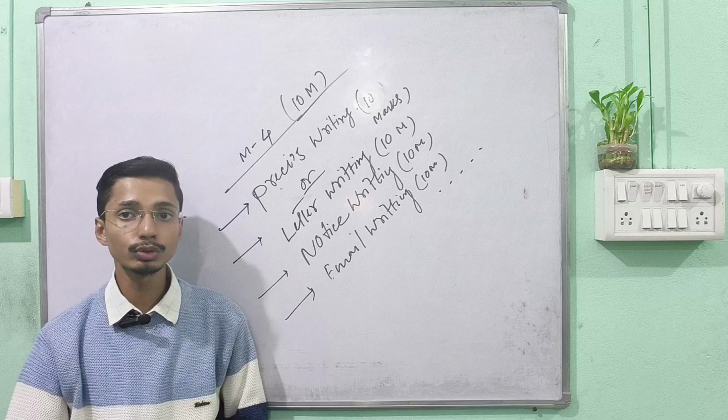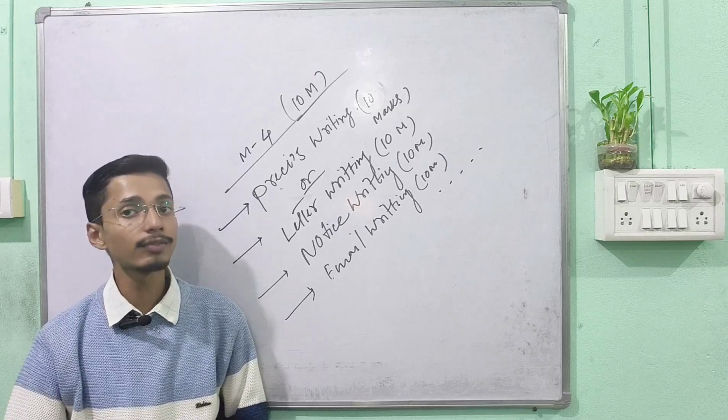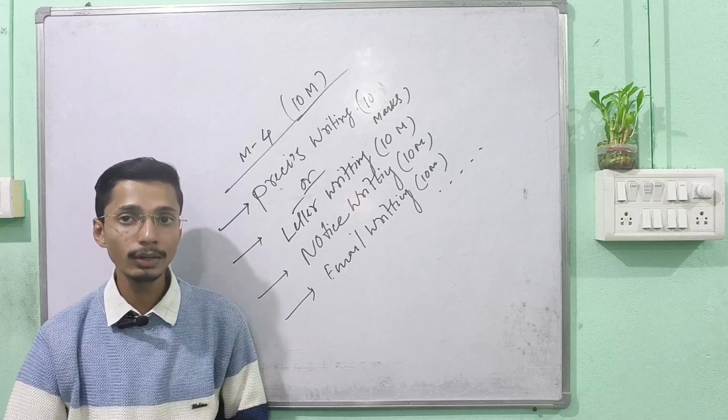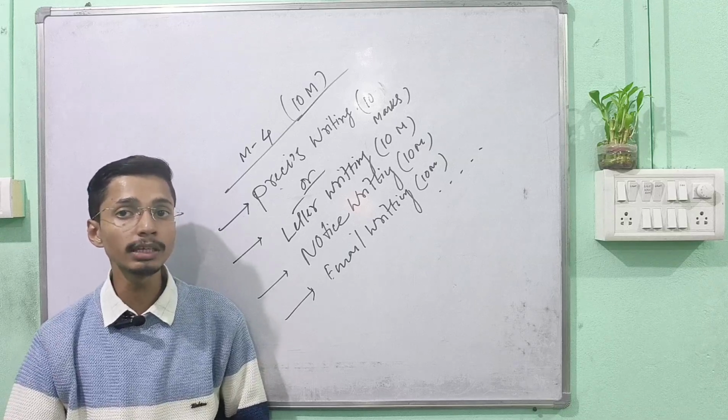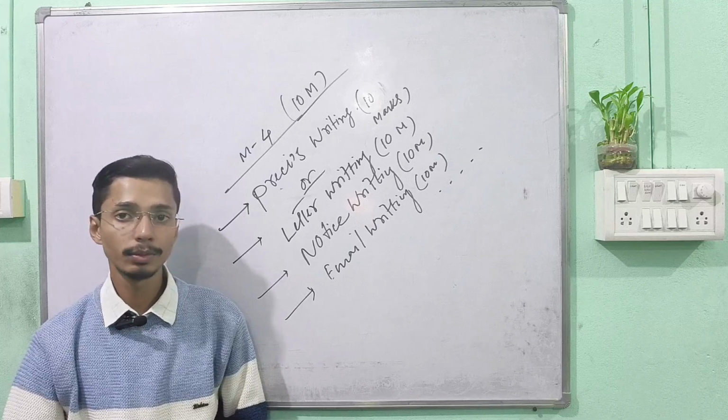There are a few rules to write precis writing. You can't copy the words directly from the given passage. You have to write in your own words, in your own language, but the meaning should be covered from the given passage.